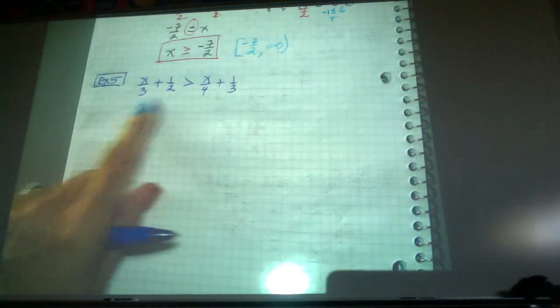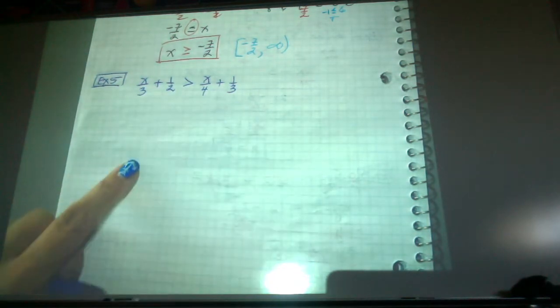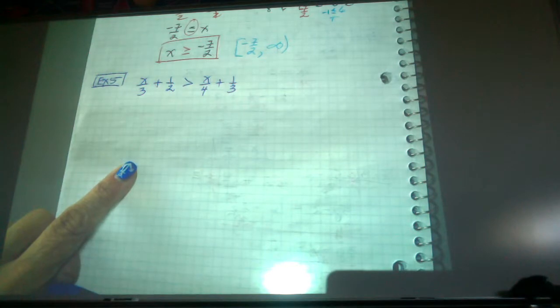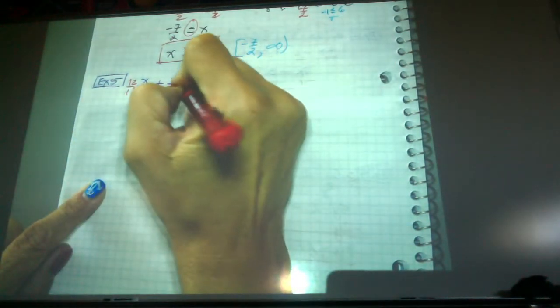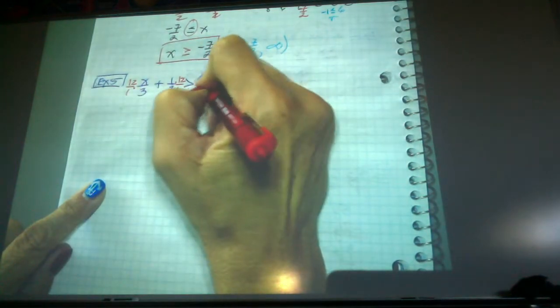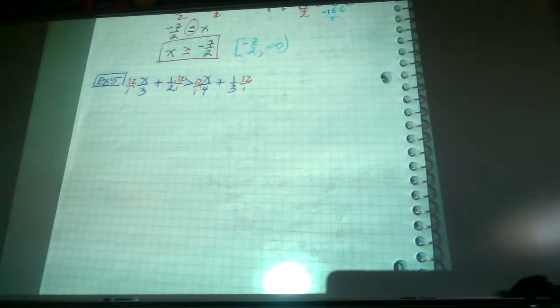Look at the 3, the 2, and the 4. What's your least common denominator? 12. So I'm going to multiply every term by 12 because I don't like fractions, and I'm pretty sure the majority of you don't like them either. You're going to multiply every single term by 12.